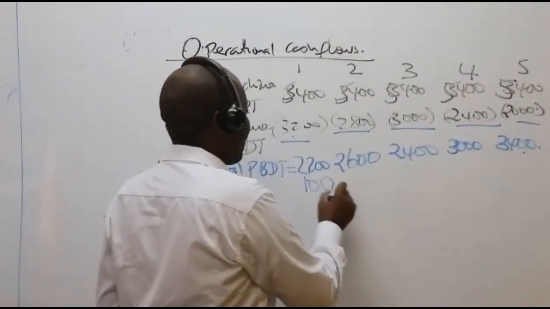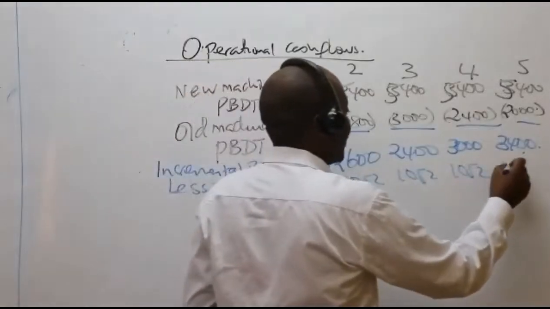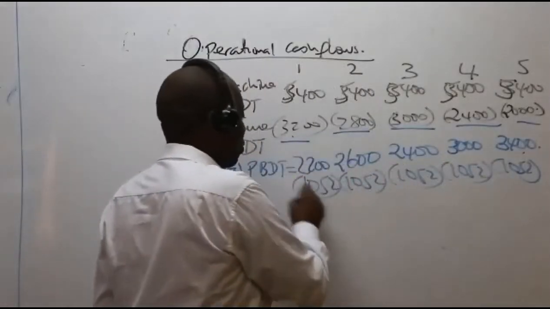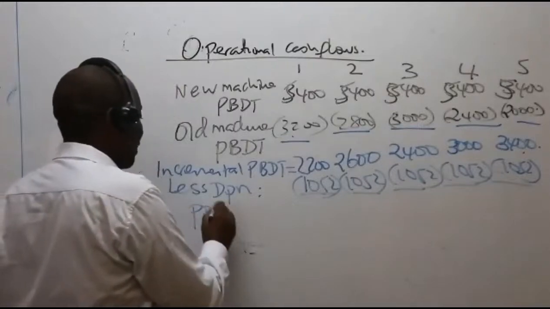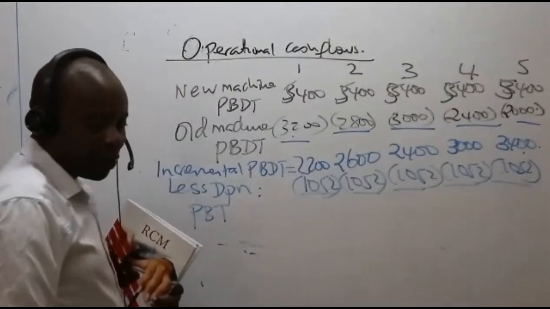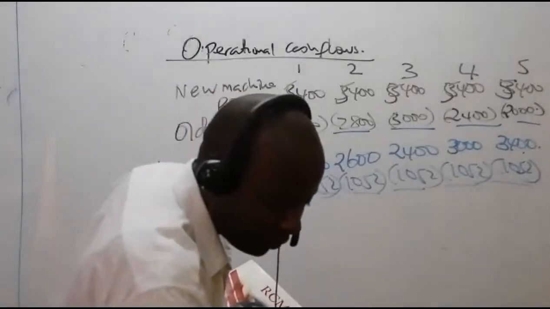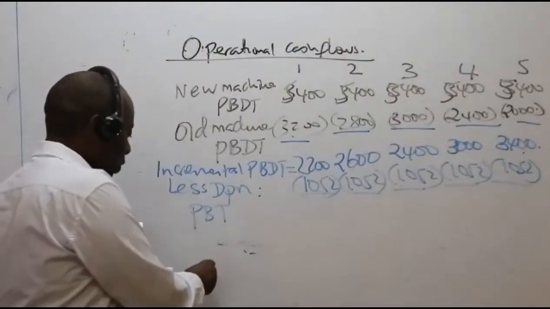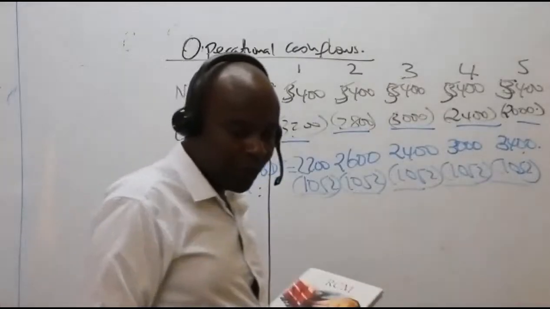It's a regular one. So I'll come and subtract this for me to be able to get my profit before tax. So profit before tax, what parameters do we have here? Somebody talk to me. What metrics do we have here?